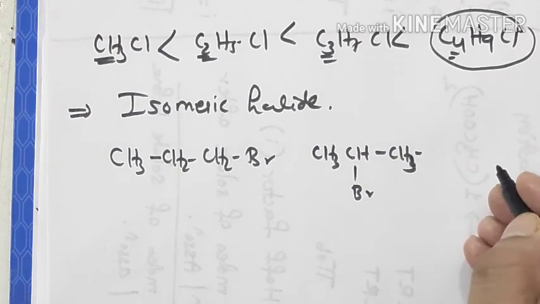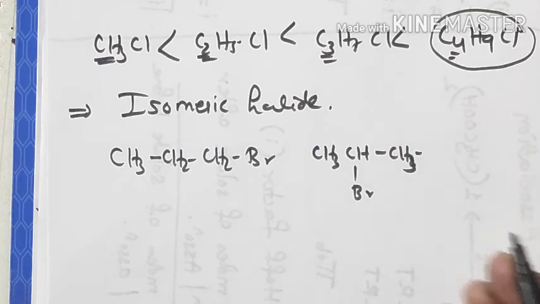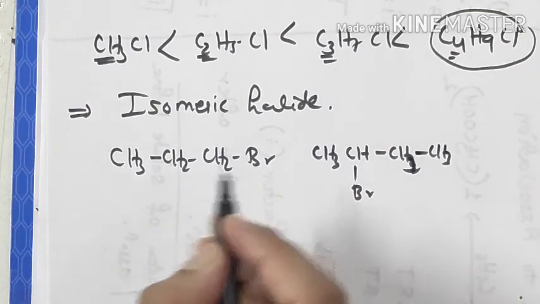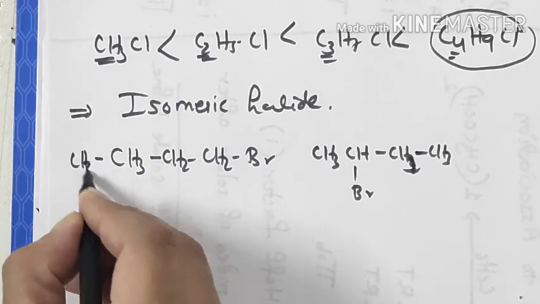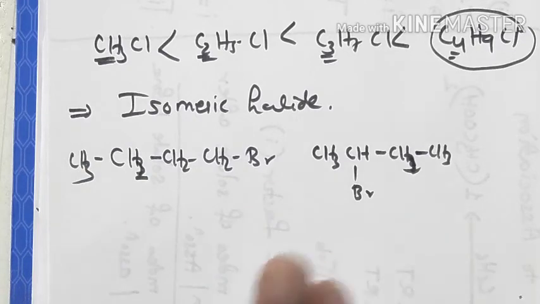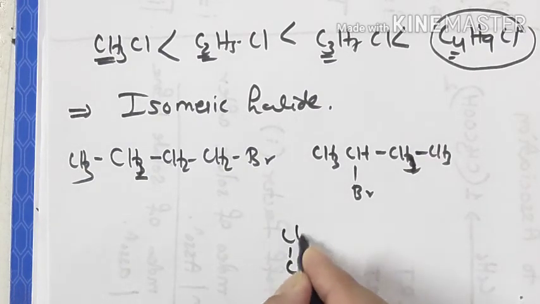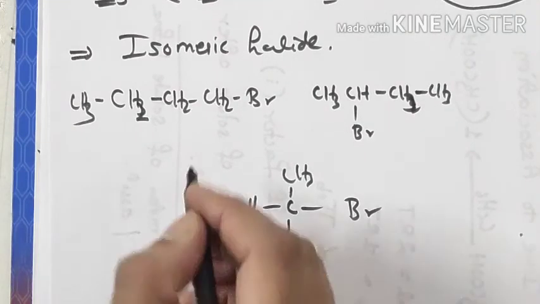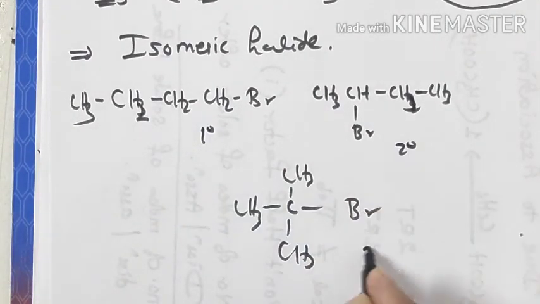And, or, I increase one more carbon, CH3. I write here CH2. Okay, I want 4 carbon, right? So that I can take this also: CH3, CH3, CH3, Br. Now, what we understand, this is 1 degree, this is 2 degree, and this is 3 degree alkyl halide.